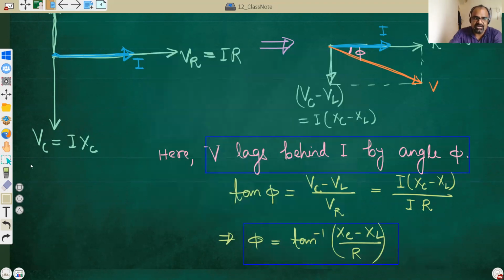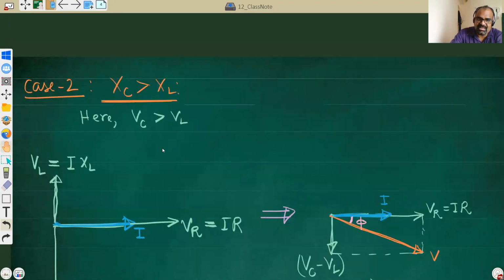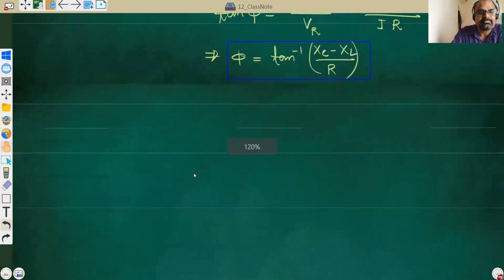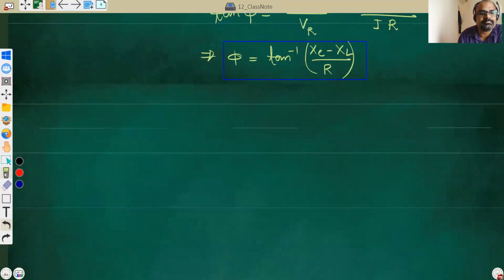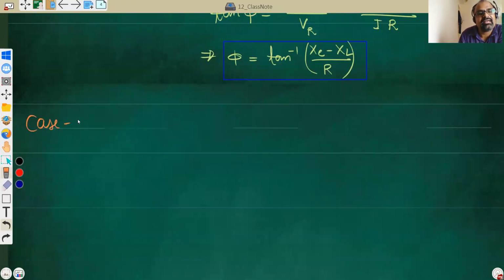Now, finally, the third case, which is actually the most interesting case. Case 3 is what happens if they are equal. Case 3: XC and XL are exactly equal.